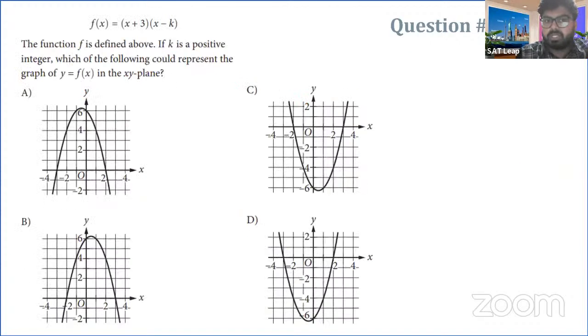Moving on to the next question. If you look over here, the function is given to you. The question is asking: the function is defined above, if k is a positive integer, which of the following could be the graph of the function? Again, these kinds of questions you see in the exam.